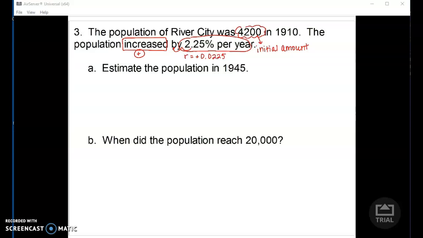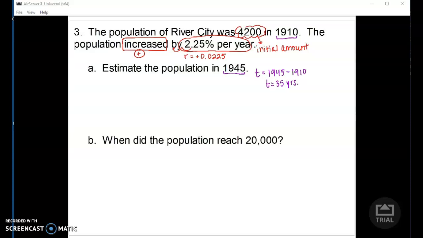So for the first part, we want to estimate the population in 1945. Well, first thing, 1910 was the initial. To figure out what our t is actually going to be, we can take 1945 and subtract 1910 from that. So our t is going to be 35. So 35 years we're going to use for t.